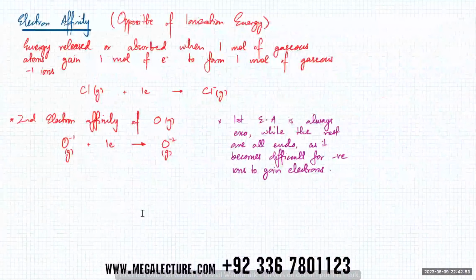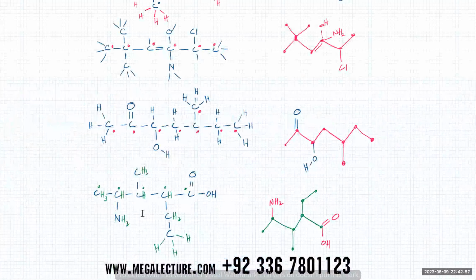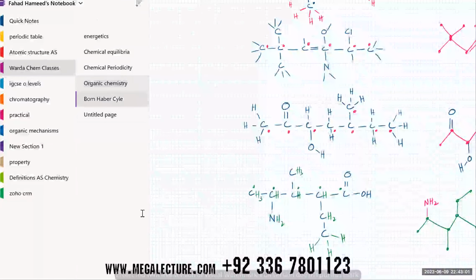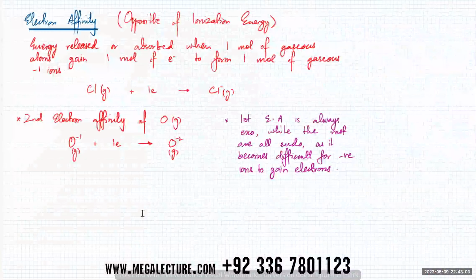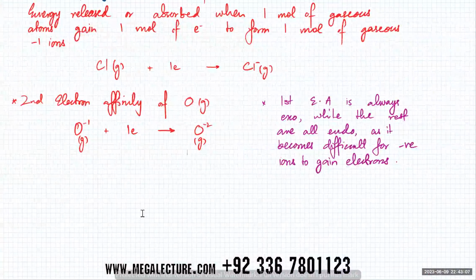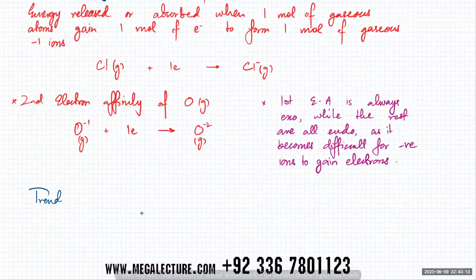Yep. So, and then in electron affinities, what happened here? Just a second. So also in electron affinities, what's going to happen is the trends of electron affinities in group 17, or down the group, simply down the group.